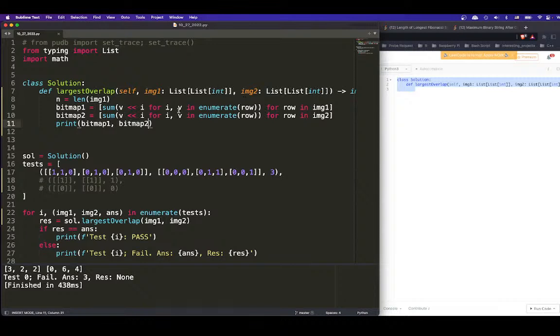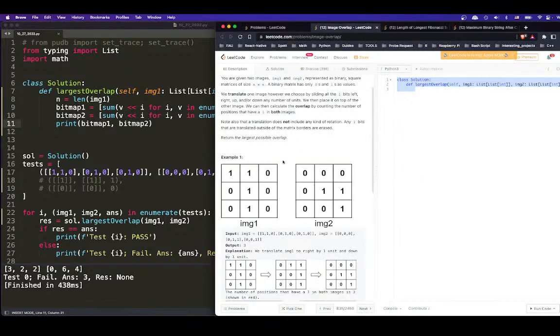And for i and a value in this row, oh, shoot. This image is the inverse.